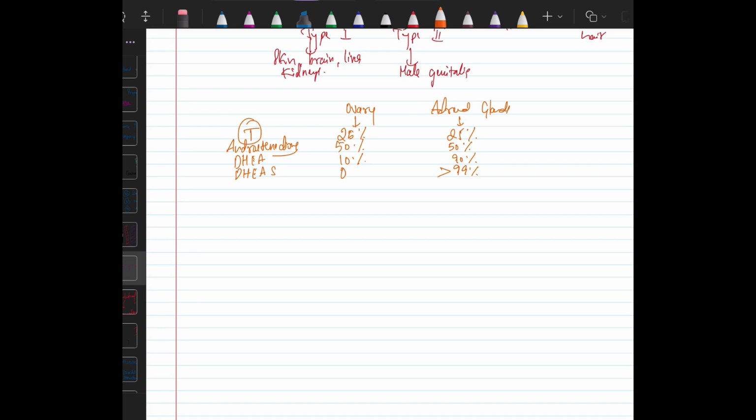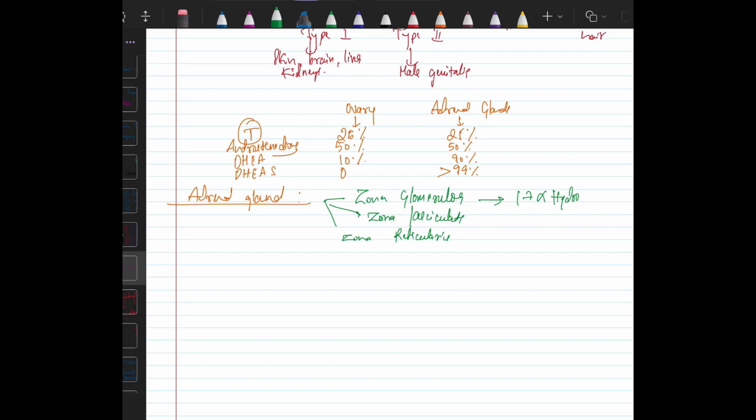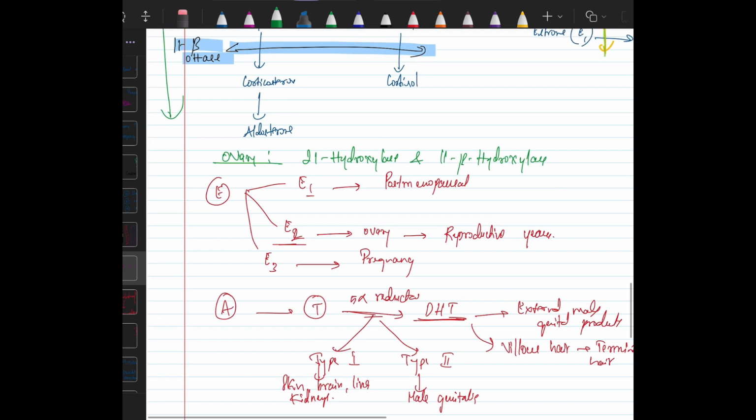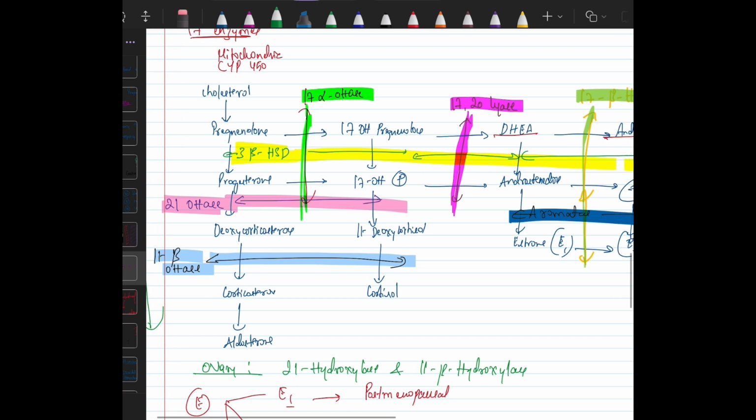So these adrenal glands have certain specific enzymes. We all know adrenal glands have 3 layers: zona glomerulosa, zona fasciculata, zona reticularis. Zona glomerulosa lacks 17 alpha hydroxylase. So where is this enzyme present? 17 alpha hydroxylase is here.